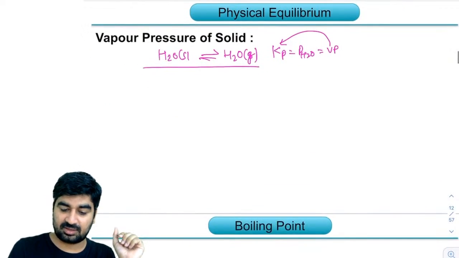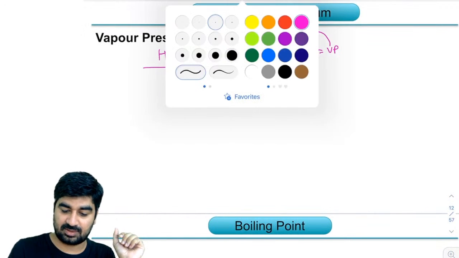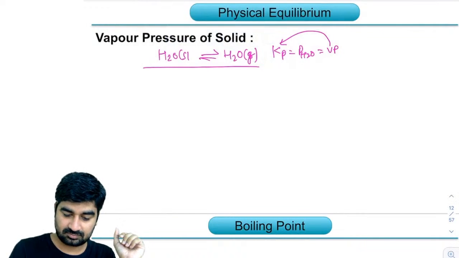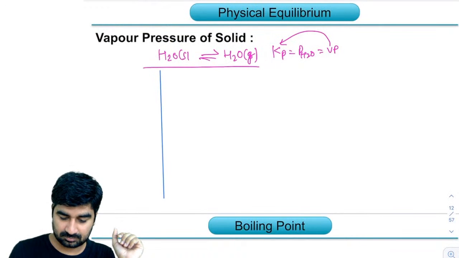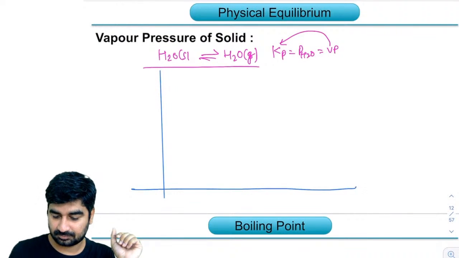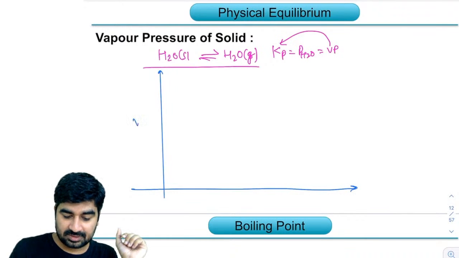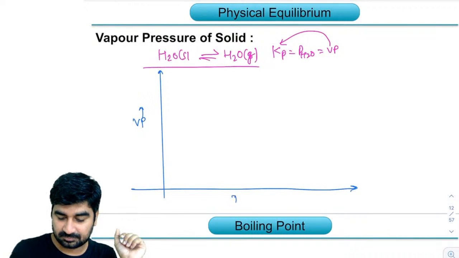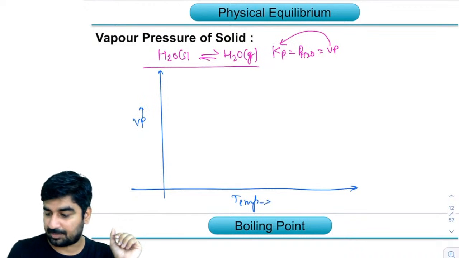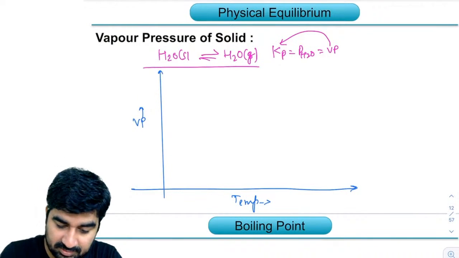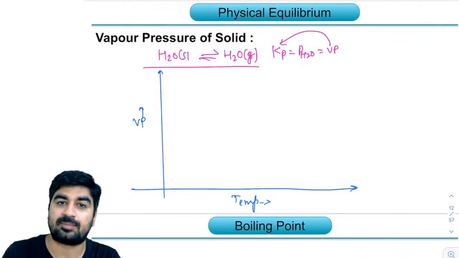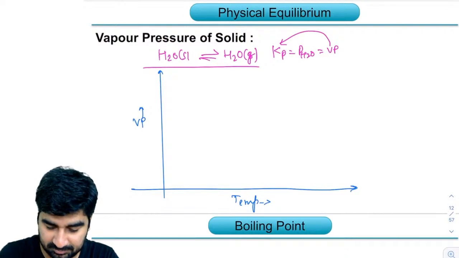So I'm again making it, and this time it will be a bit larger. This is vapor pressure, guys. This is temperature. And if I'm plotting the graph between vapor pressure and temperature, what will happen?